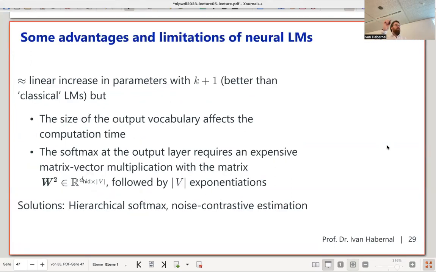So advantages and limitations of neural language models. If we extend the context, if we add more words, we have an increase in parameters, but not that much. It's a sort of linear increase in parameters.